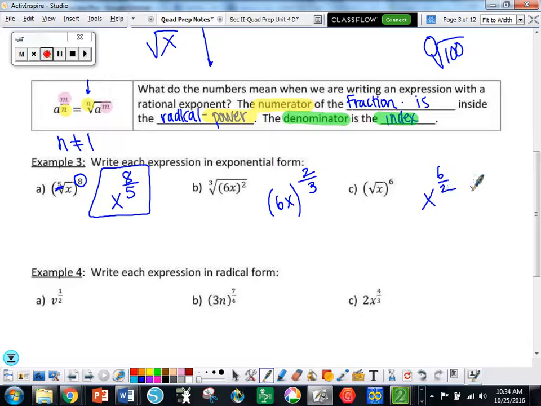So the denominator is a 2. Just in math, if we don't have to write something, we don't. Maybe mathematicians are just really lazy people. I don't know. But if you don't have to write something, they don't write it. So you just need to know if there's nothing there, it's going to be a 2. Guaranteed test question. It'll be on there. Now, does that simplify? X to the what? The 3rd.